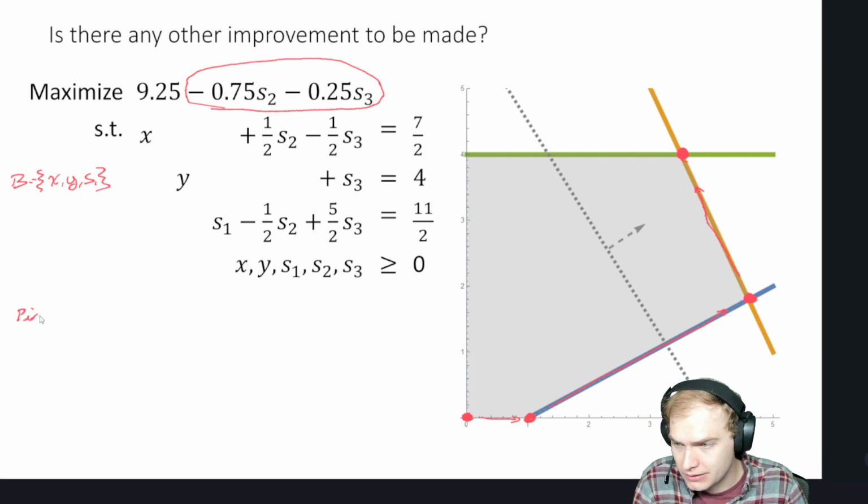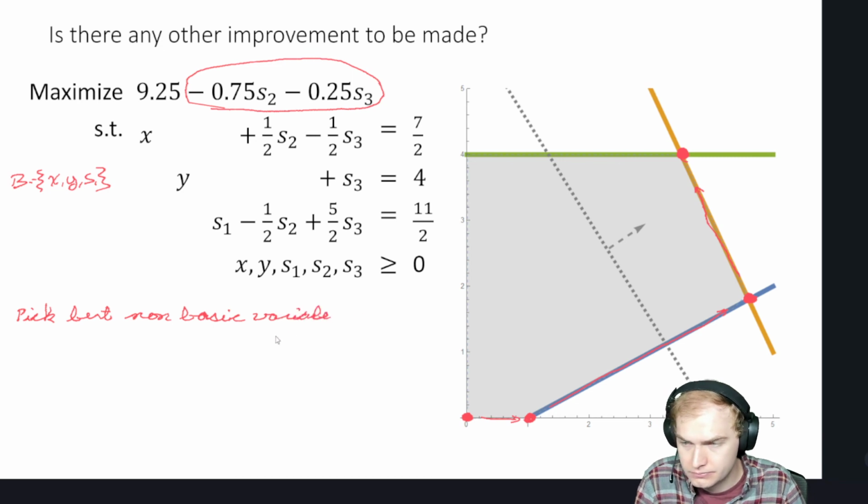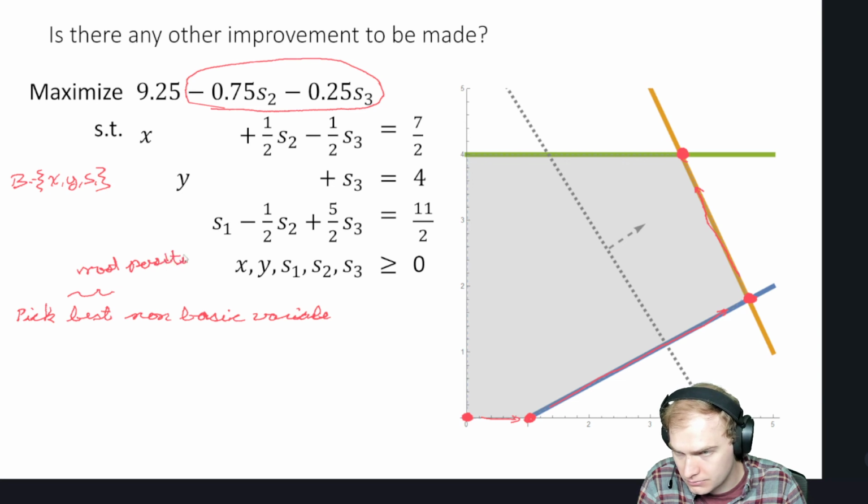So we're going to pick the best non-basic variable, the best in this case meaning most positive in the objective function.